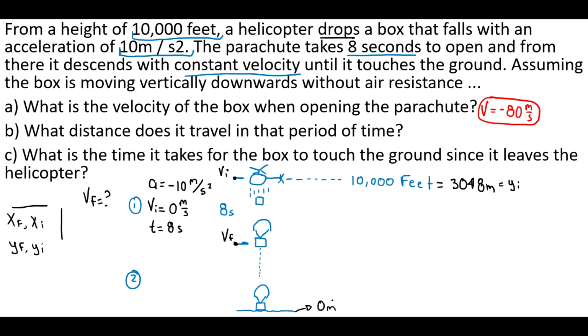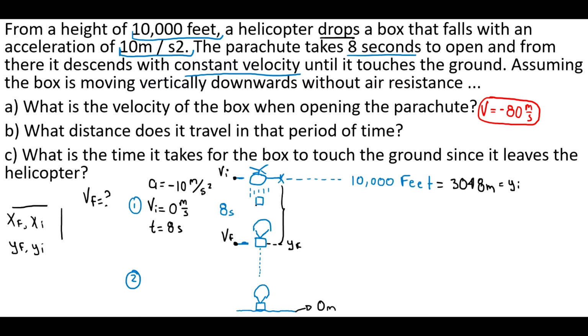So in order to do this problem, this is the initial position, and I need to find the final position at this point over here. I need to find the distance that the box travels in this segment with acceleration.